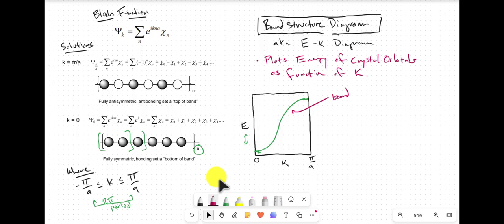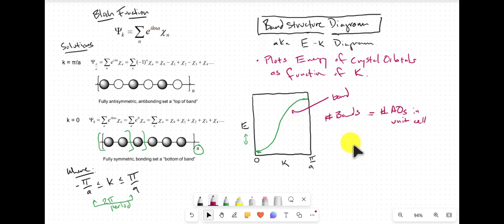And so as we increase the number or the difference in atoms, we have a heterogeneous sample in our unit cell, then we start to have more bands. But right here, this is the simplest representation of a homogeneous, simplest possible atom that we could think about. So we've got a single band.